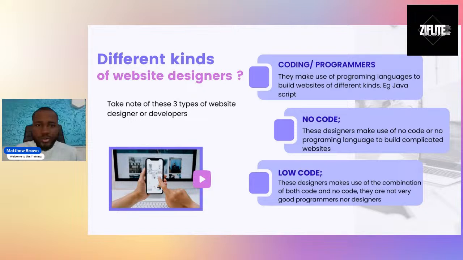So take note of these three types of website designers or developers. First we have the coders, or programmers. They make use of programming languages to build websites of different kinds. We have programming languages like Java, CSS, and, um, what's the name of that one again?